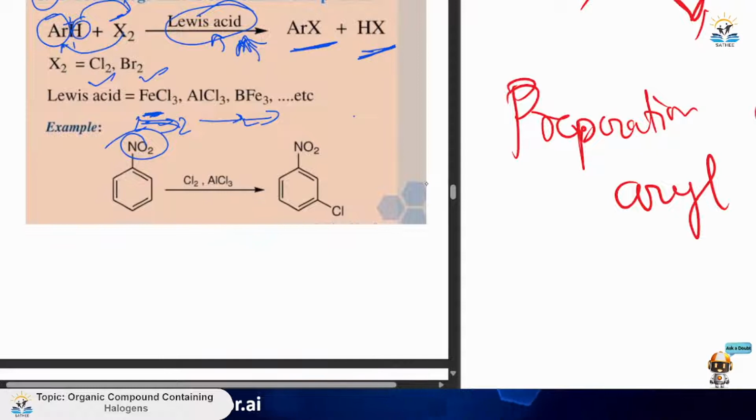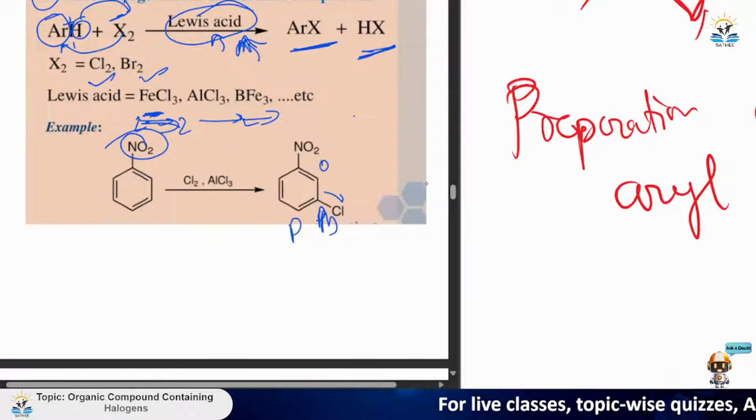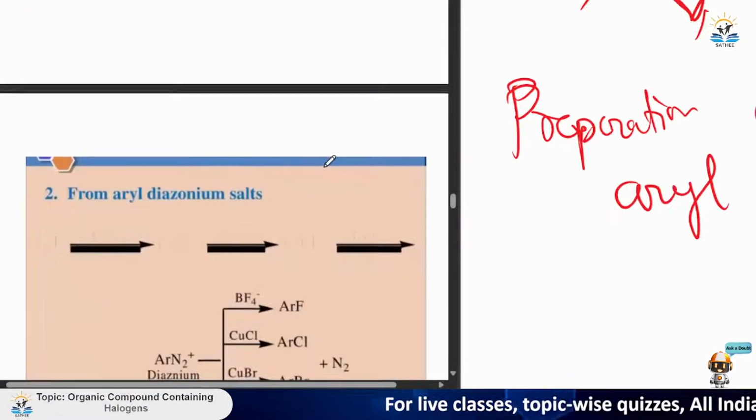Depending on this, we decide where the chlorine will be attached. Here the chlorine is attached at the meta position.